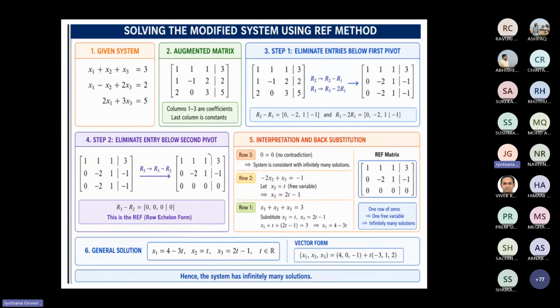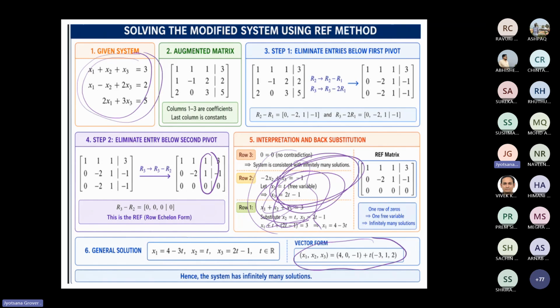That's why you say x3 is a free variable. Otherwise, there is nothing wrong in the calculation. If you substitute these values in the equations, they are satisfied. But we have to follow some scientific approach.